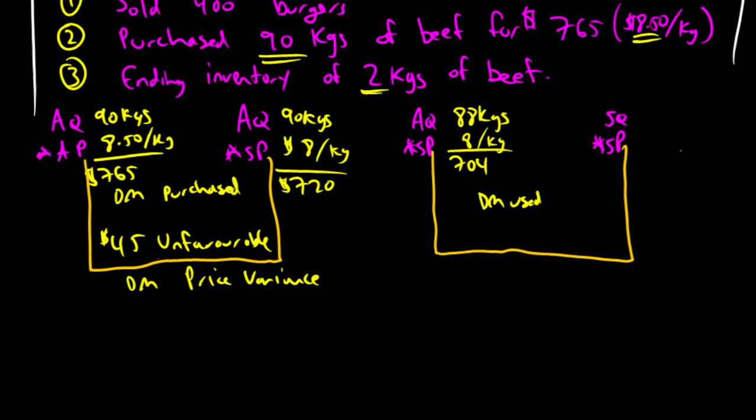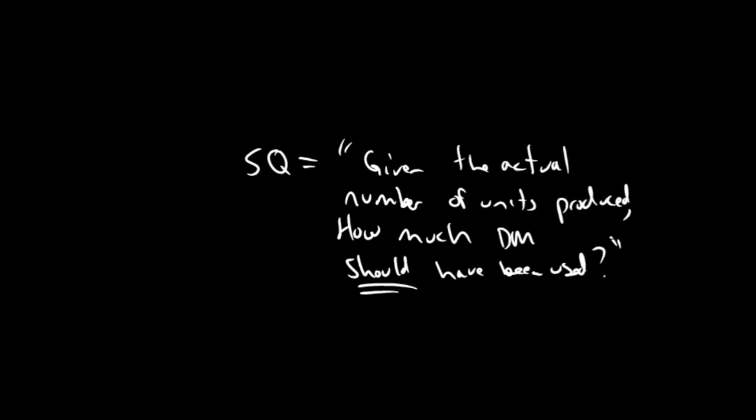Last, standard quantity times standard price. Well, the standard price remains $8. To figure out the standard quantity, we have to answer this question. Given the actual number of units produced, how much material should have been used? How much direct material ought to have been used? So given the fact that he made, I believe it was 400 burgers, how many kilograms of beef should he have used?